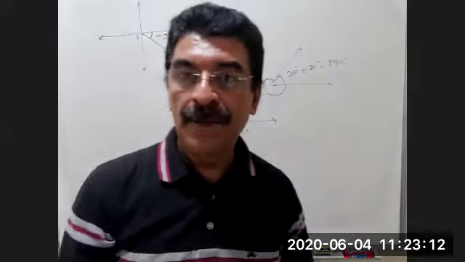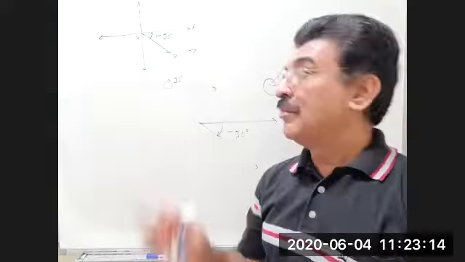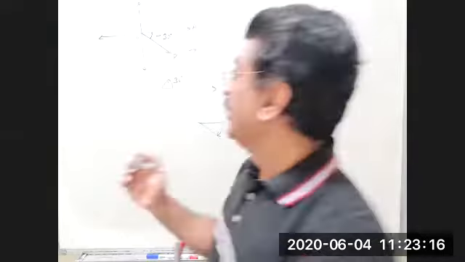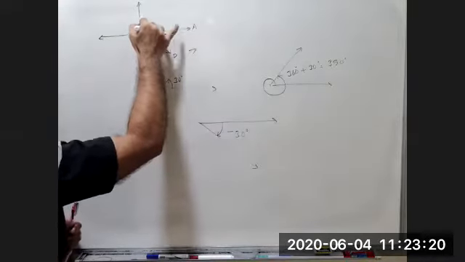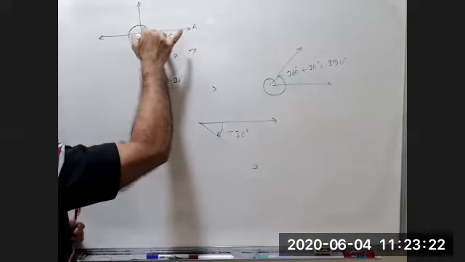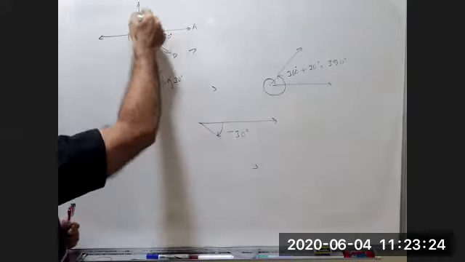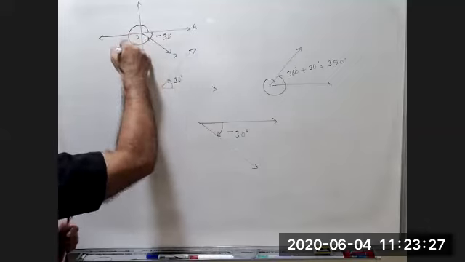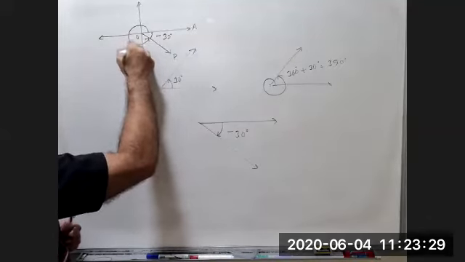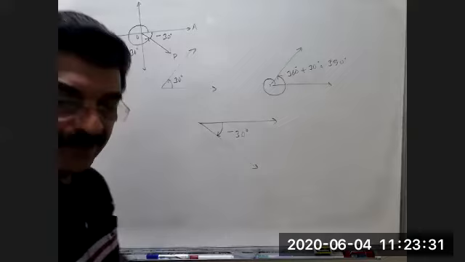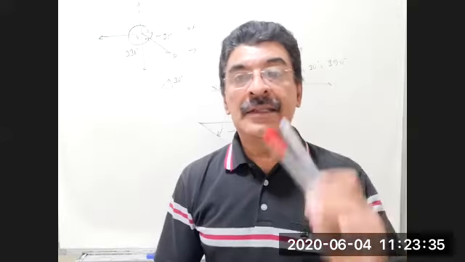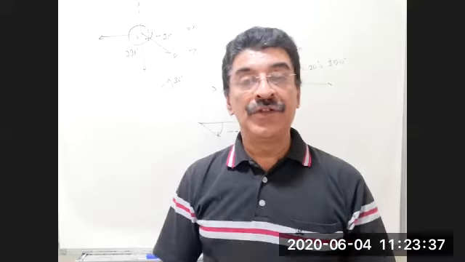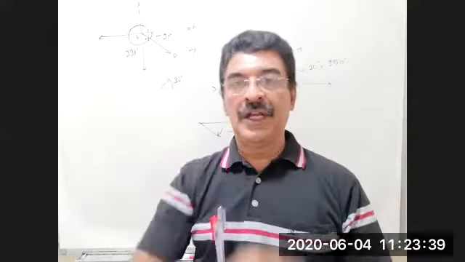So minus 30. In fact, this minus 30 degrees is the same position as 330 degrees. 330 degrees positive means in anti-clockwise direction.